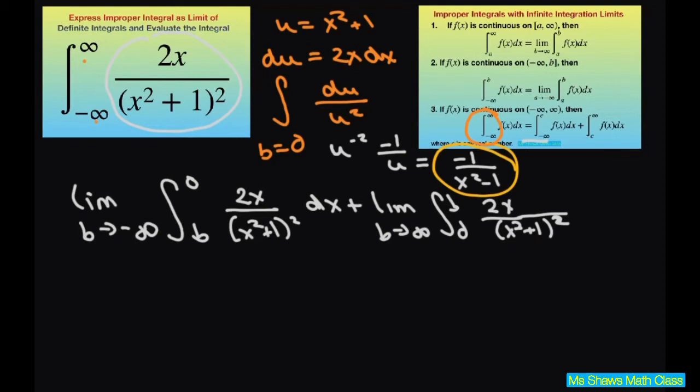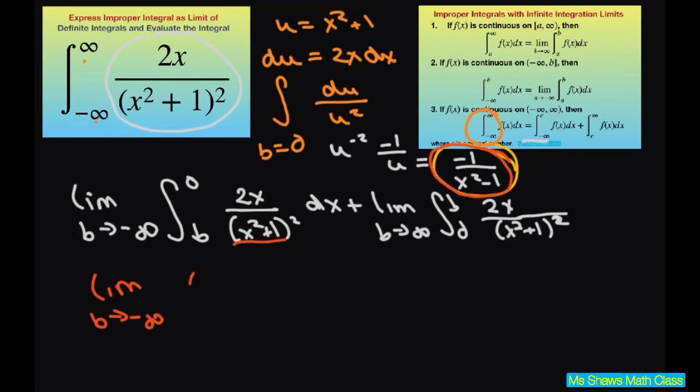Now we have to evaluate it. So when we evaluate it, we're going to write this as the limit as b approaches negative infinity. And you integrate this, which we already did right here.